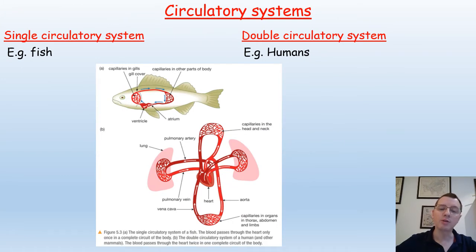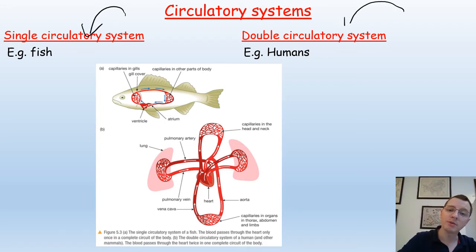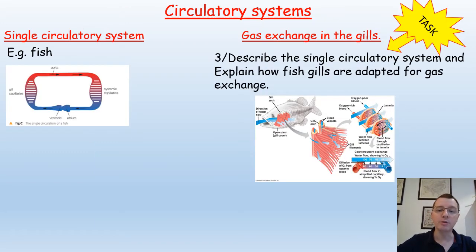Now, when we look at circulatory systems or transport systems, there's actually two types. There's a single circulatory system that you find in fish and a double circulatory system that you can find in humans. So here's another little task for you. See if you can try question 3. Describe the single circulatory system and explain how fish gills are adapted for gas exchange.